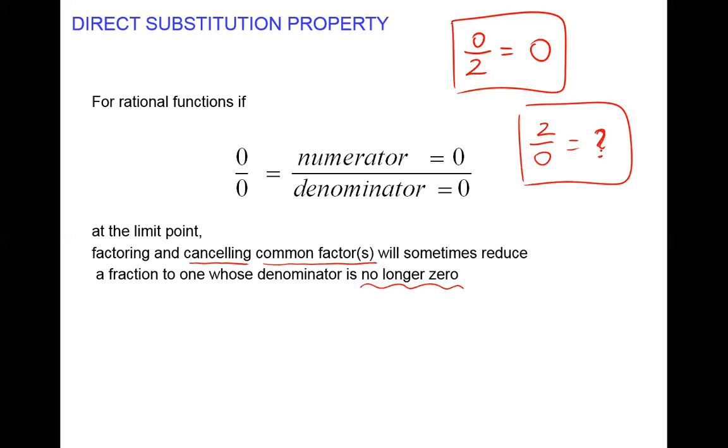We have to investigate further. Or, of course, 0 over 0, we also have to investigate. Please remember, as soon as we have 0 in the denominator, we do have extra work to do. So let's try to find a common factor, cancel out, and see what the output is.